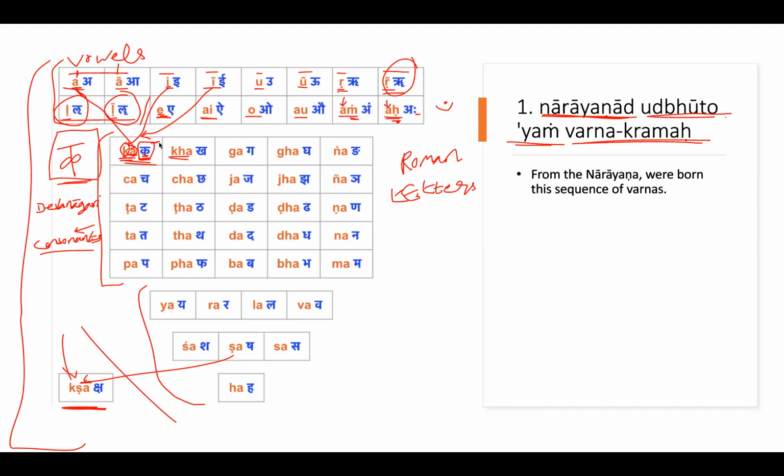This letter, when you blow the air, it becomes this. This is ka. This is kha. Blow off, a sudden blow of air. This is the voiced one. You have to say ga. This is ka. This is ga. Same like this one, right?